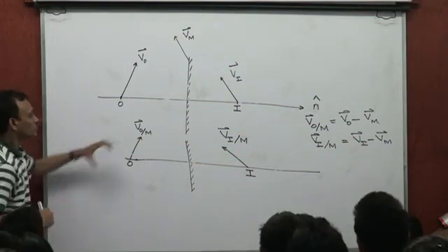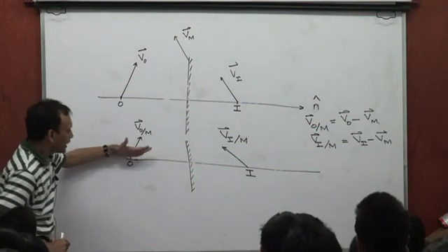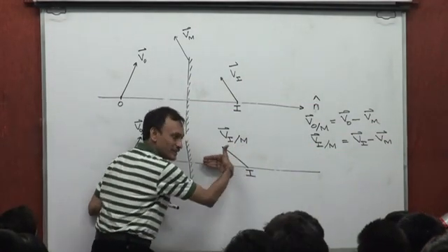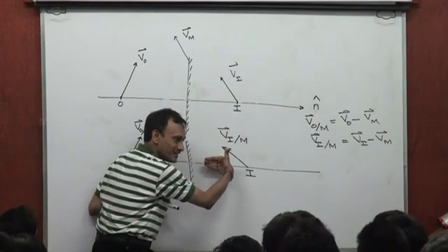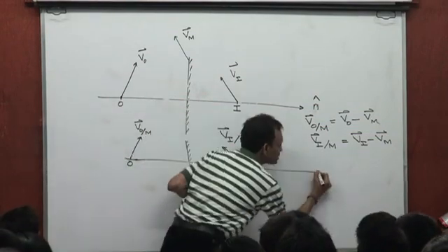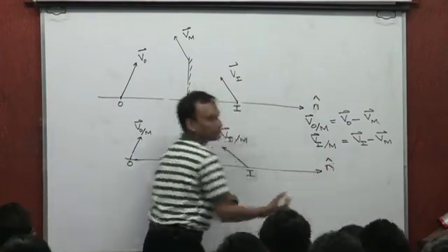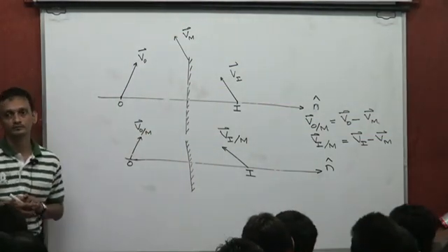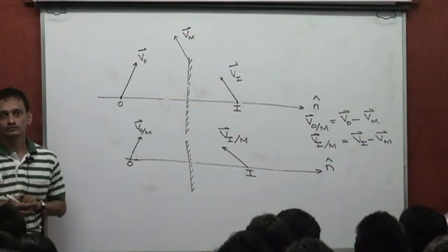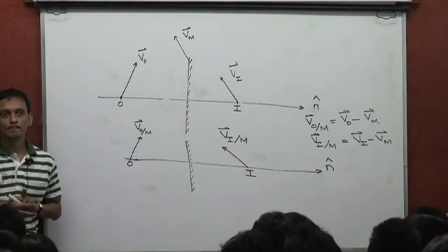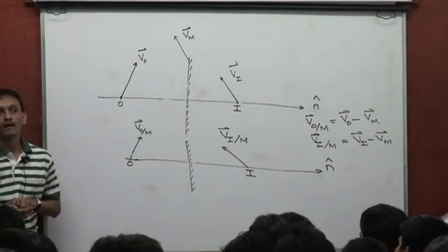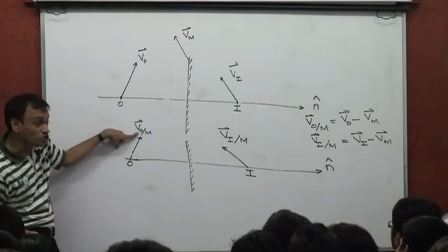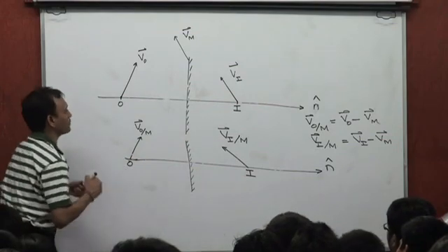Now, this velocity has a component in this direction. Suppose this direction is referred to as n cap.